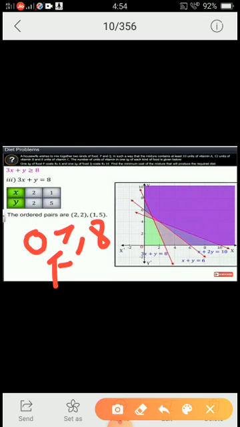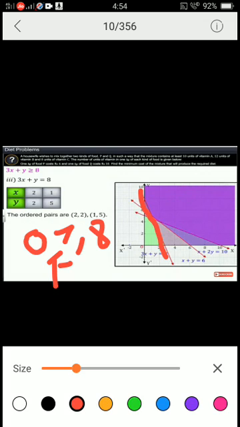Now which was the line for it? The line is here, this line, 3x plus y equal to 8. So which will be my common region? I'll have the common region as this part. This is my region.